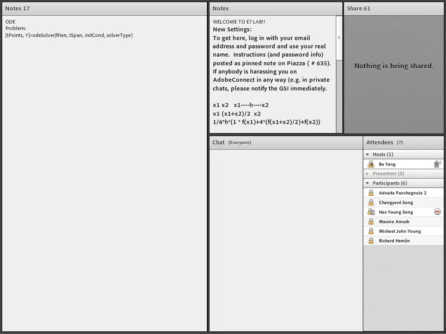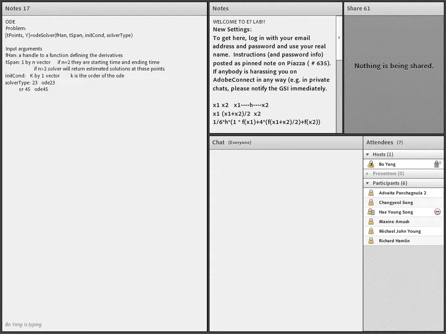The function handle is a handle to a function defining the derivative, and t-span is a 1 by n vector. If n is 2, it means the first element is the start time, and the second element is the end time.